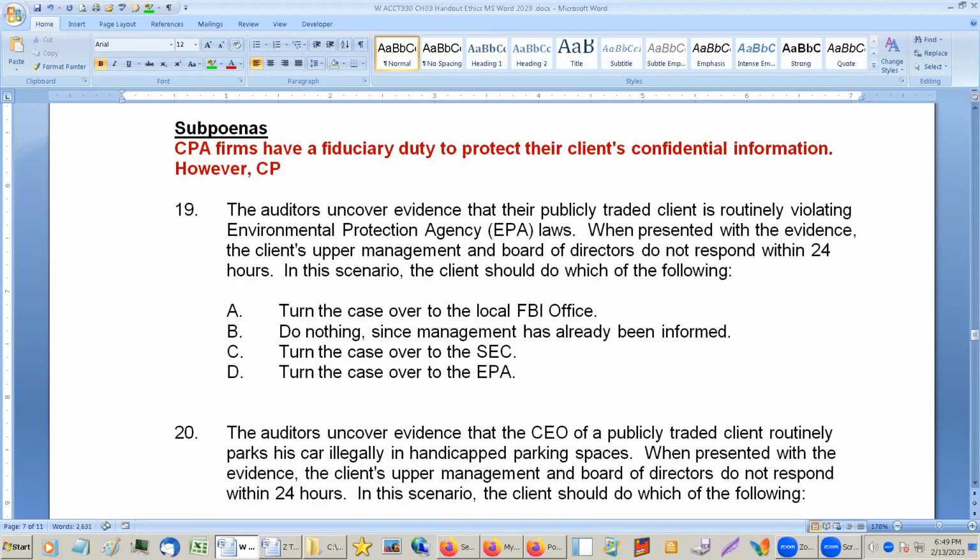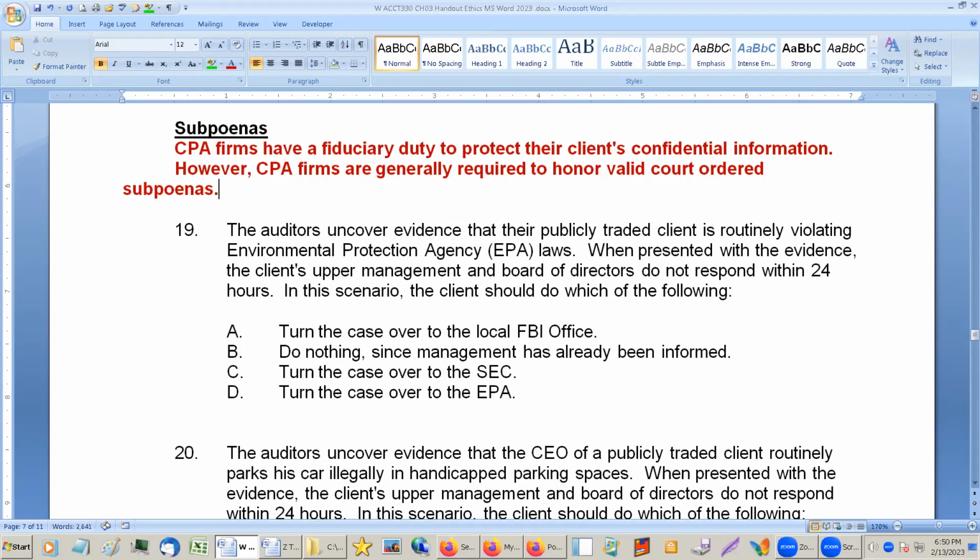However, CPA firms are generally required to honor valid court order proceedings.